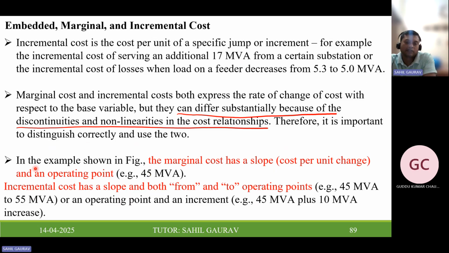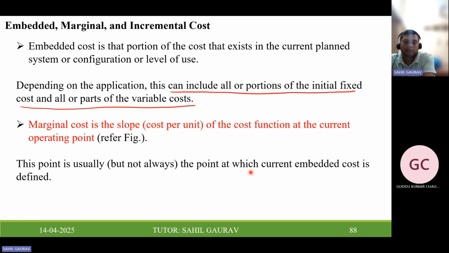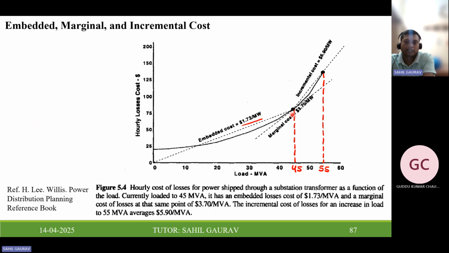Marginal cost and incremental cost both express the rate of change of cost with respect to a base variable, but they differ substantially because of discontinuities and non-linearities in the cost relationship. Therefore, it is important to distinguish clearly between these two. You can see that marginal cost has a slope, while incremental cost has a slope with a starting point and an ending point both provided.